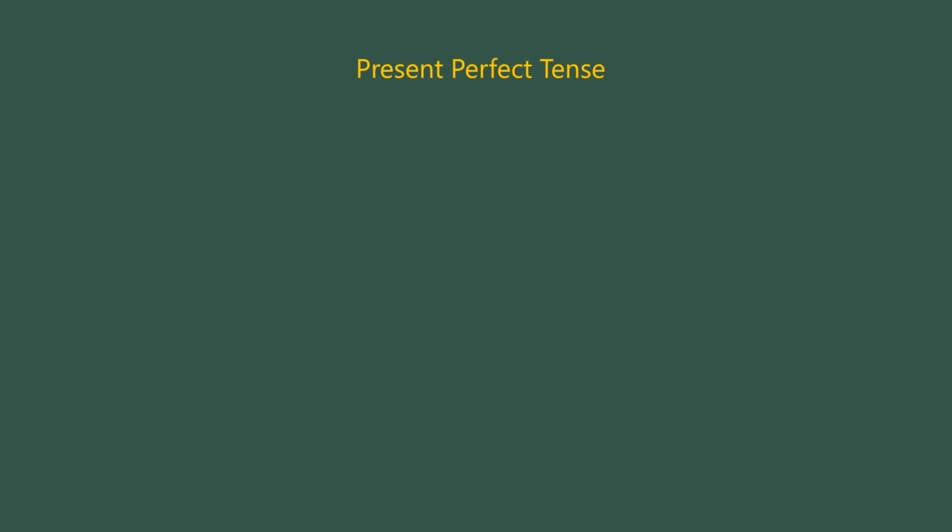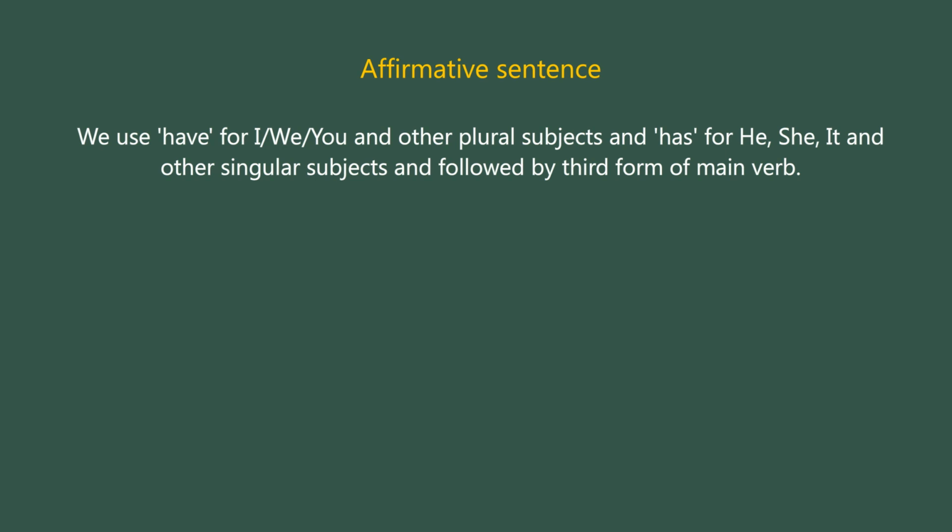Present perfect tense. Affirmative sentence. We use have for I, we, you, and other plural subjects, and has for he, she, it, and other singular subjects, followed by the third form of the main verb.